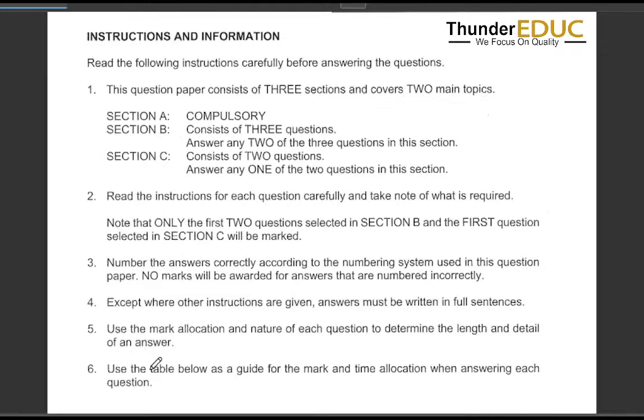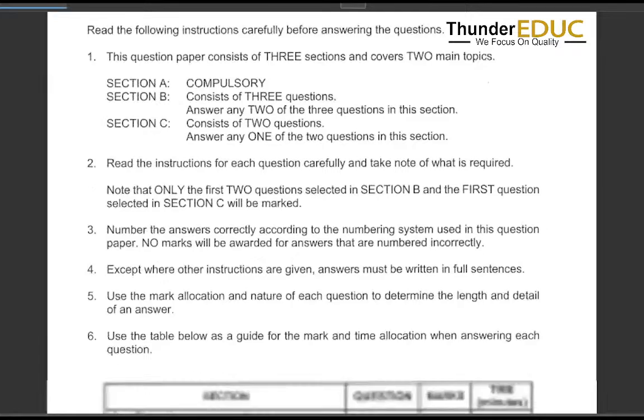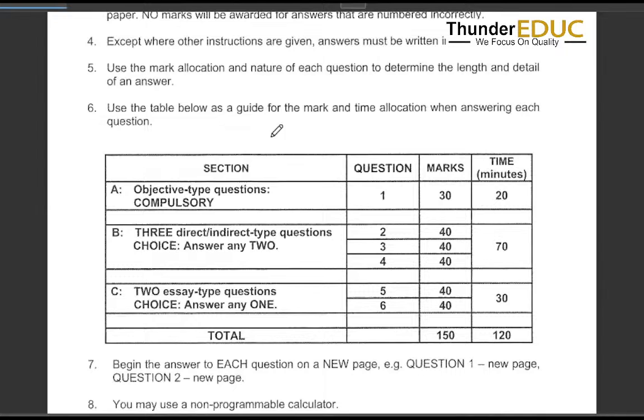So now number 6 reads as follows. It says use the table below as a guide for the mark and time allocation when answering each question. So now if you check section A, in particular question 1, it is allocated 30 marks and you're expected to spend a maximum of 20 minutes. So now we also have section B, where it comprises 3 questions, and remember, you're expected to drop 1 question.